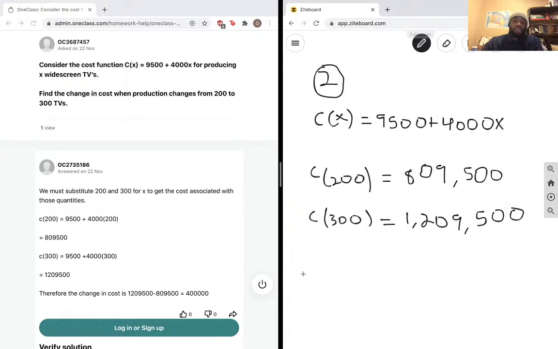And to find the change in cost, you do C of 300 minus C of 200. And that gives you 400,000.